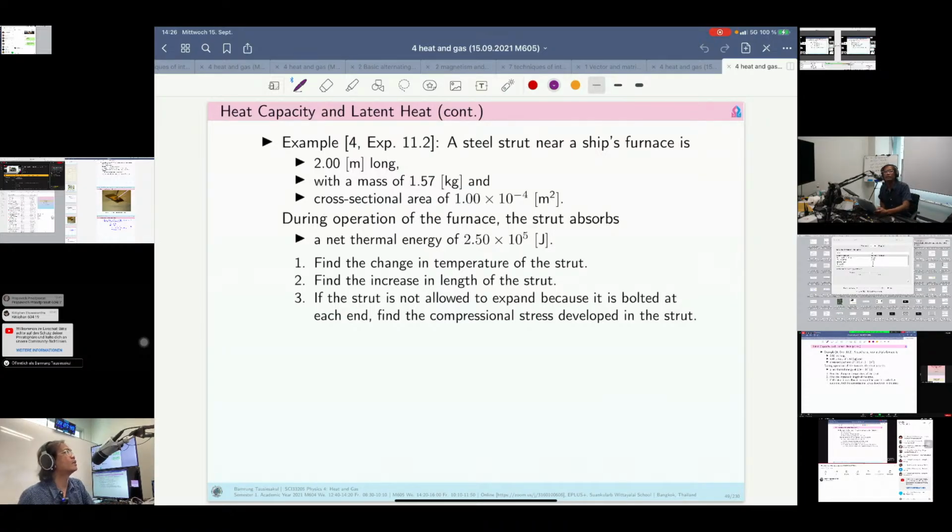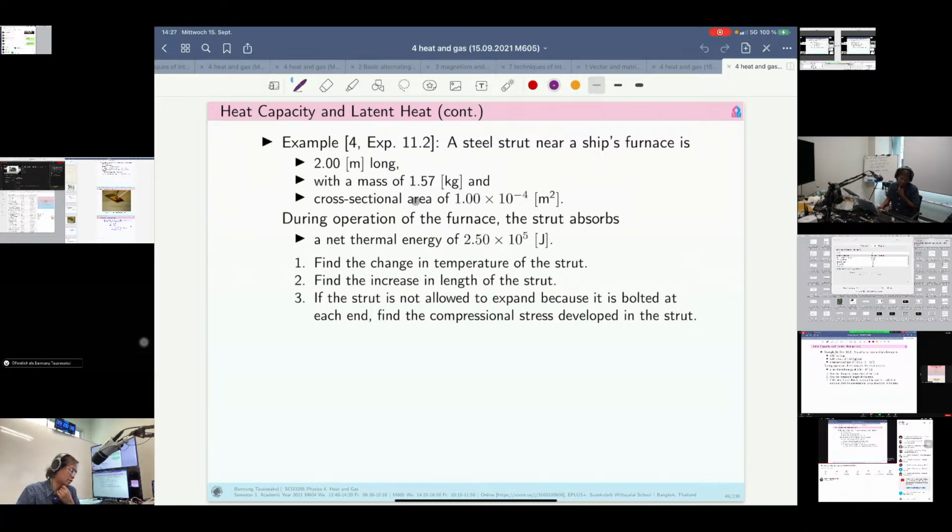Okay, everybody is ready, right? We go ahead with that. Here we arrive at this problem, right? Steel strut near ship's furnace is 2 meter long and with a mass of 1.57 kilogram, and it has cross-sectional area. Okay, forget about that.